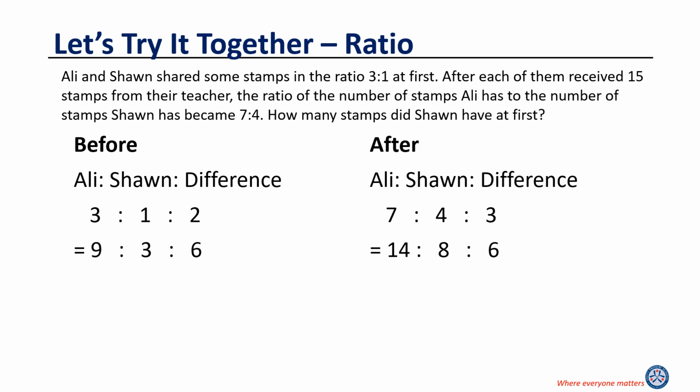We now see that the difference between the number of stamps each boy has is 6 units for both the before and after situations, allowing us to compare both ratios.